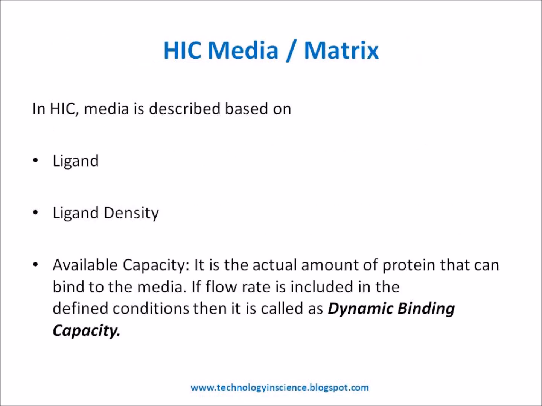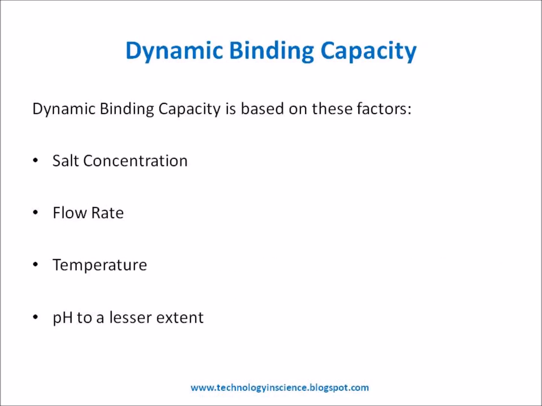Hydrophobic interaction chromatography media. In hydrophobic interaction chromatography, media is described based on ligand, ligand density, and available capacity. Available capacity is the actual amount of protein that can bind to the media. If flow rate is included in the defined conditions, then it is called dynamic binding capacity.